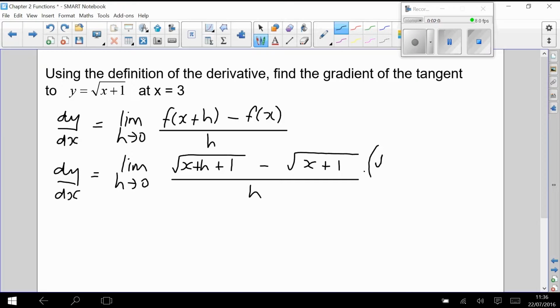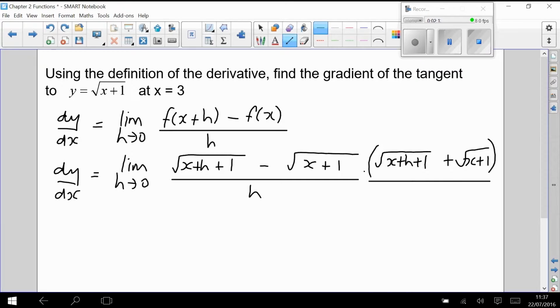So in the numerator, I'm going to times it by the root of x plus h plus 1 plus the root of x plus 1. And then likewise in the denominator, I'm going to times it by the same thing. So that must also be times by the root of x plus h plus 1 plus the root of x plus 1.